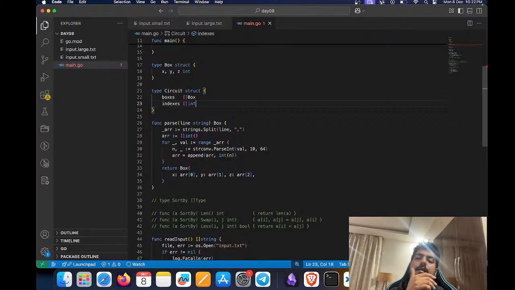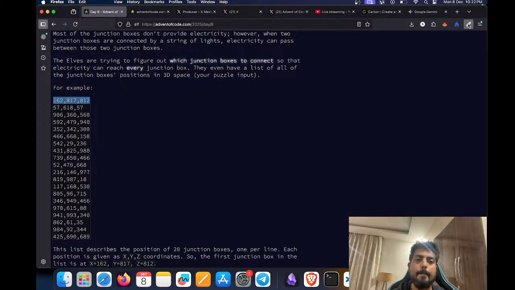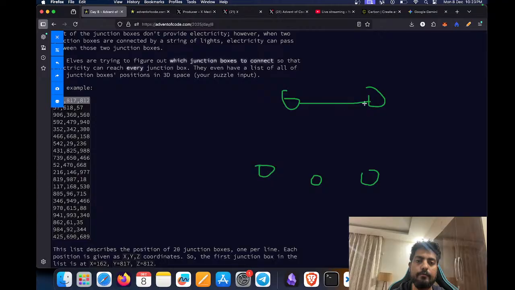And the thing is that we want to make a box a part of the circuit, and basically we are joining two circuits together. Okay, so each box is defined as a circuit itself, and when we are combining two boxes, basically we are combining two different circuits.